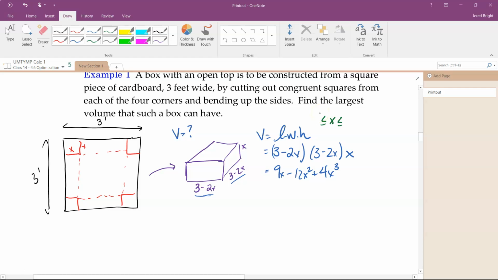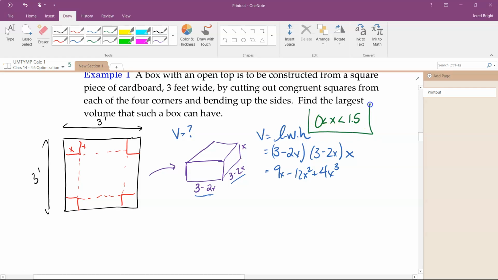Well, x has to be bigger than 0, mainly because if x were 0, I don't have anything, I can't fold it up. Similarly, x cannot be more than 1.5 because otherwise I have to cut x from each side. I'd be cutting off the entire thing, and then I'd have nothing left. So x has to be somewhere in that region.